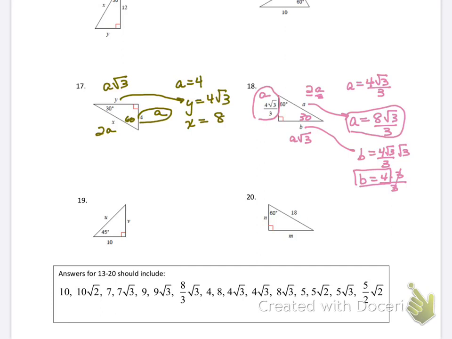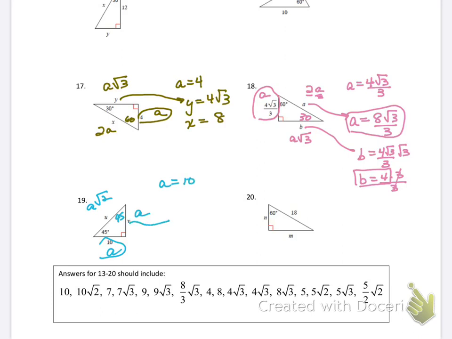Okay, we're winding down. Okay, this next one's going to be a 45-45. They're always a little bit easier. So establish your sides, A, A root 2, and there's my relationship. So A has to equal 10.